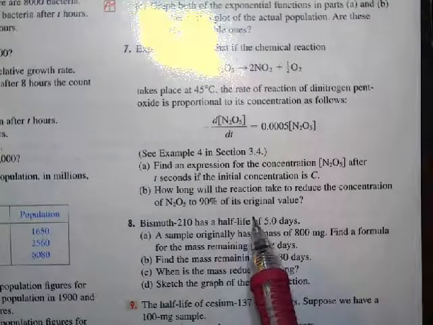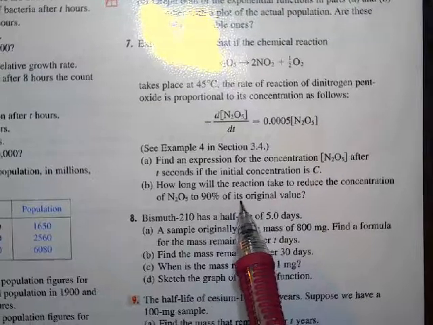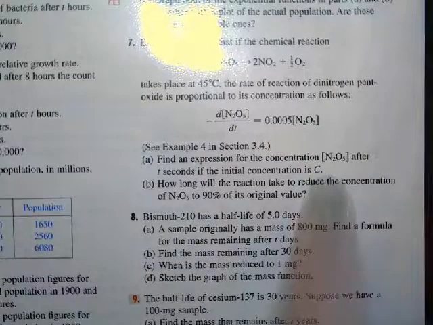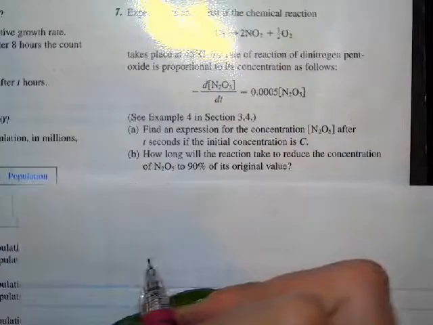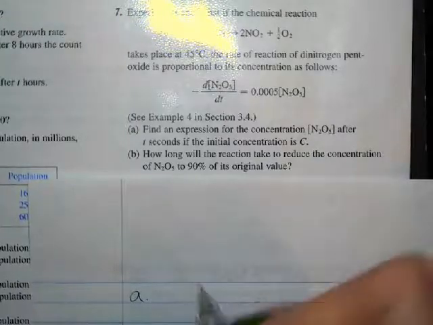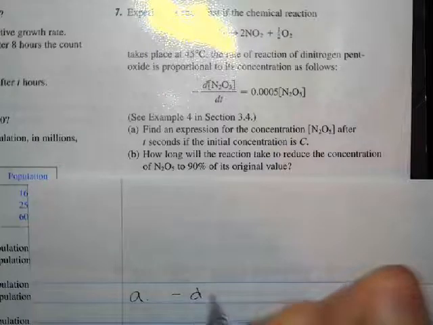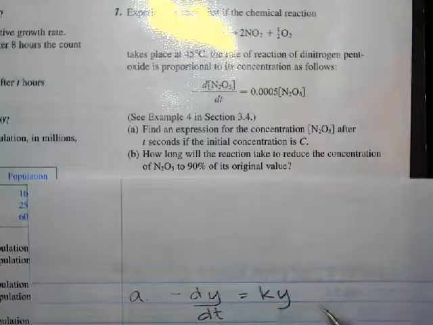So for part A, I have negative dy dt equals ky, except where the y's are, they are putting N2O5.